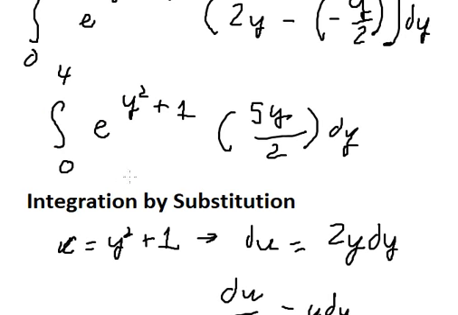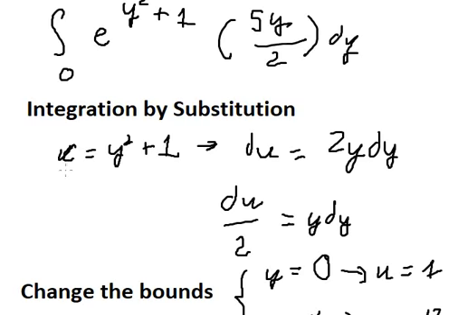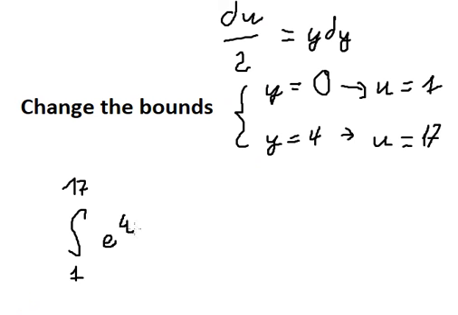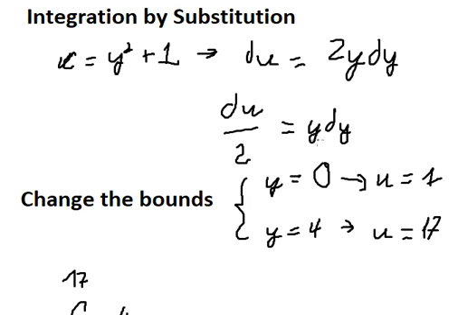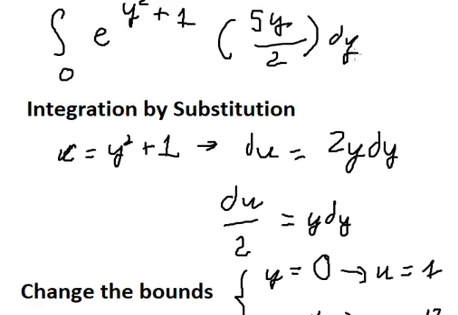Y squared plus 1 we change for u. The next one, that's y dy. So we have y dy in here.